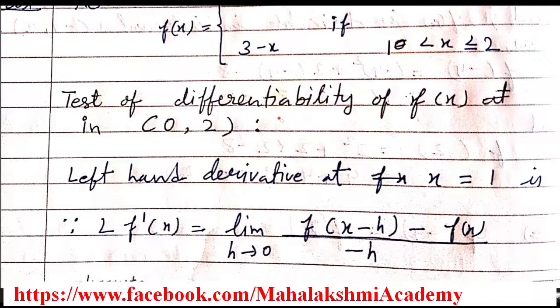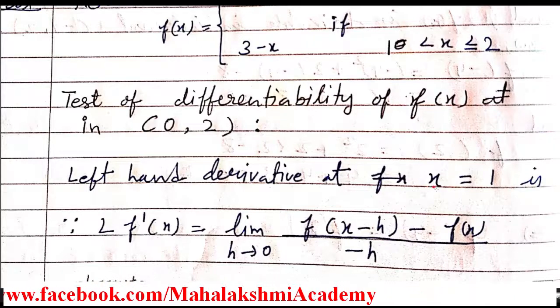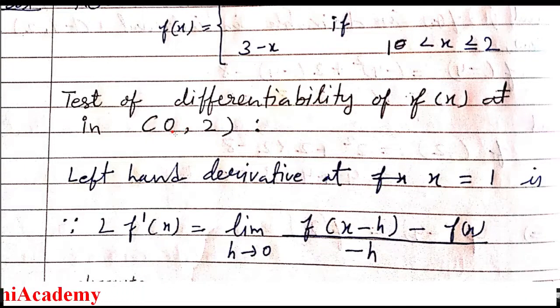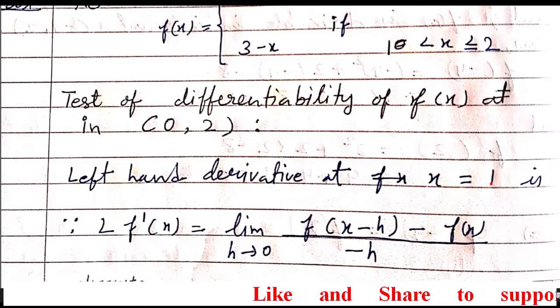To check it, I selected x as 1, because 1 belongs to the open interval 0 to 2. That's why we have to check whether the function is differentiable at x equal to 1 or not.